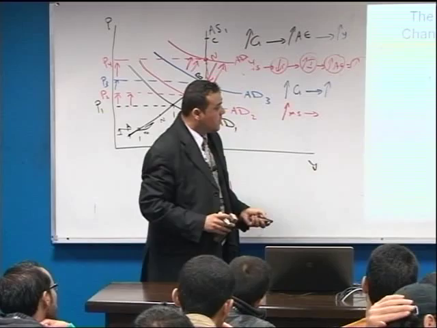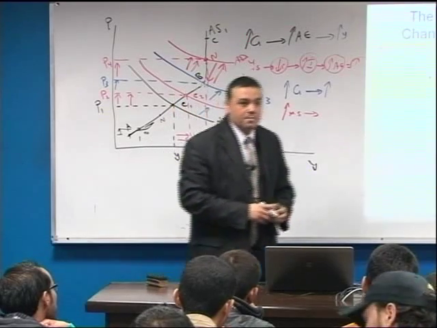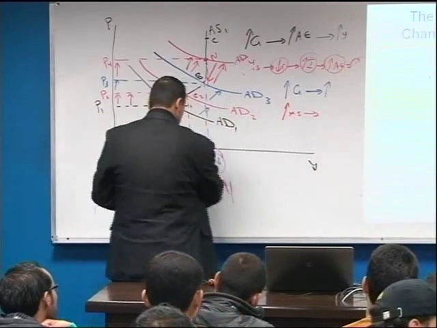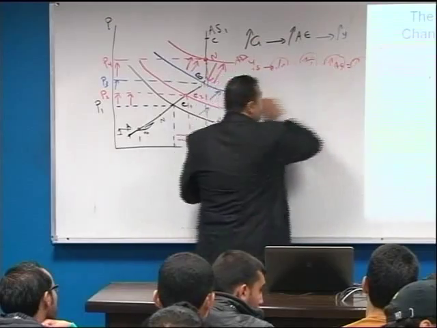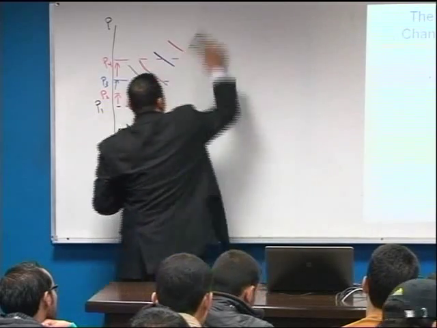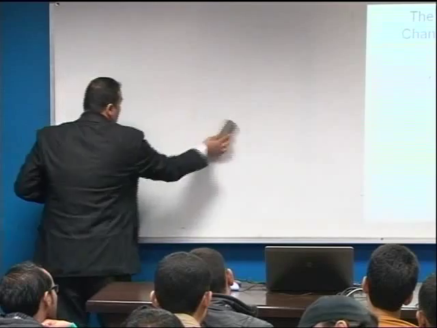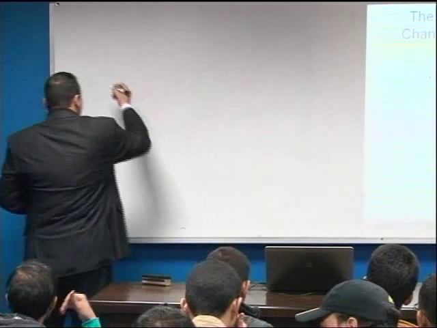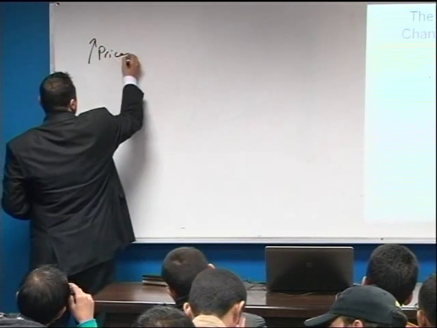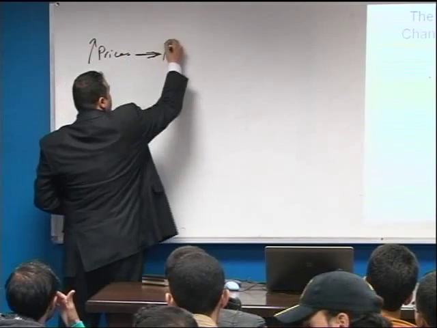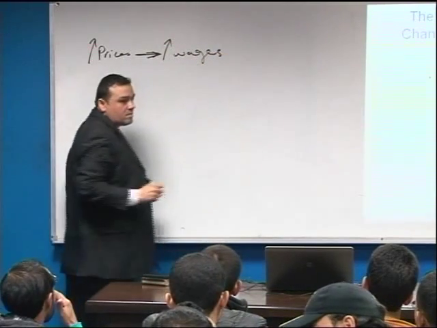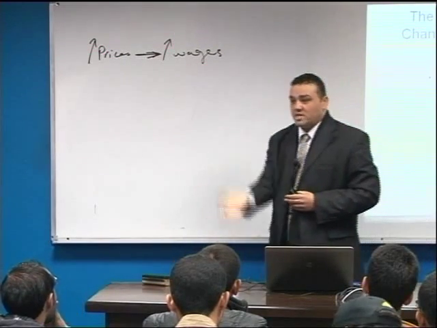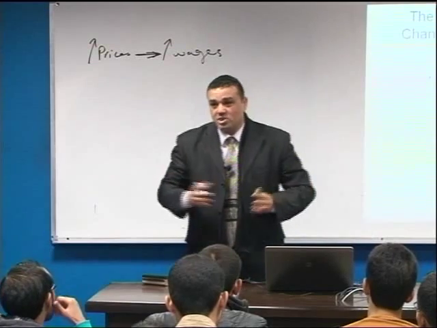Let's analyze the relationship between the prices and the cost of production. In general, the increase in the prices leads to an increase in the wages because the workers or the labor will ask their managers to increase their wages. غلاء المعيشة صحيح.